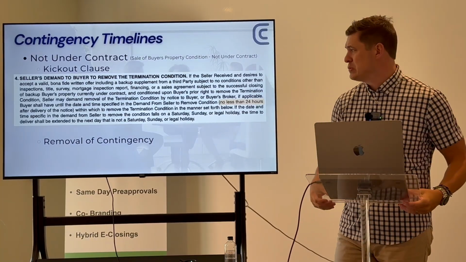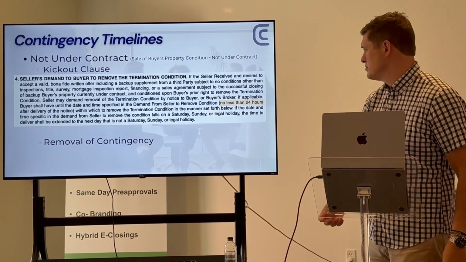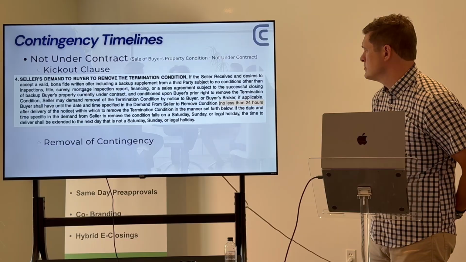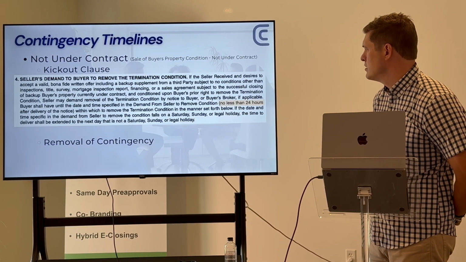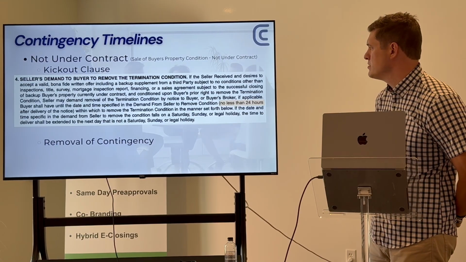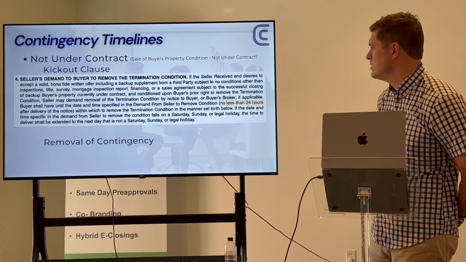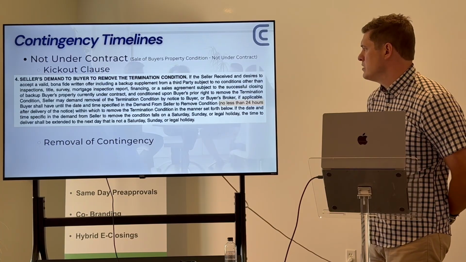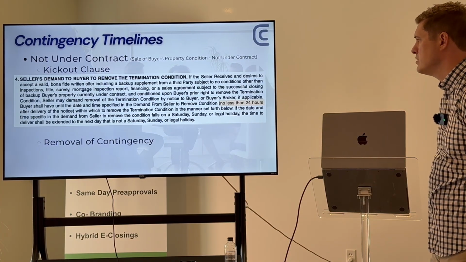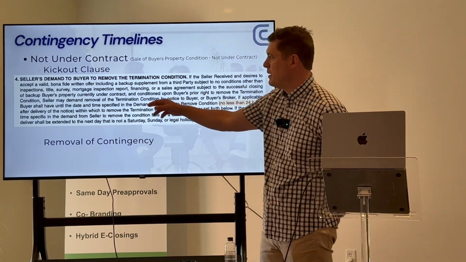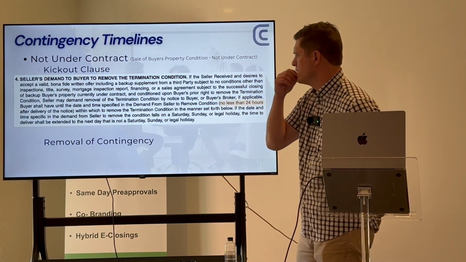I think on that first sentence under the number 4 bolded: if the seller receives a desire to accept a valid bona fide offer from a third party subject to no conditions other than inspection, title, survey, mortgage, financing, sale agreement, backup, closing, or backup, currently under contract or sale agreement.